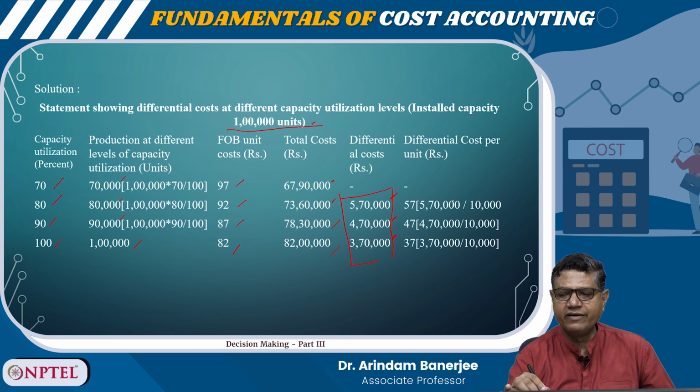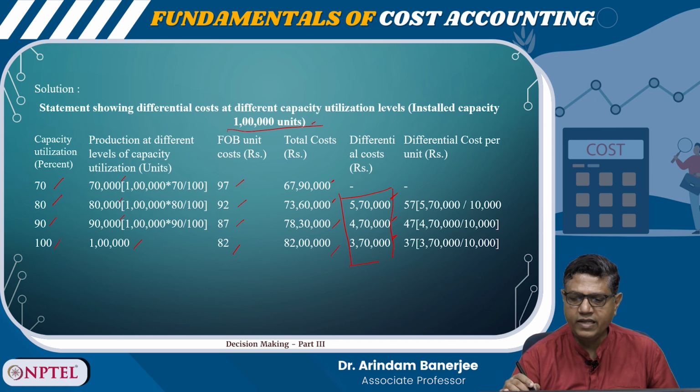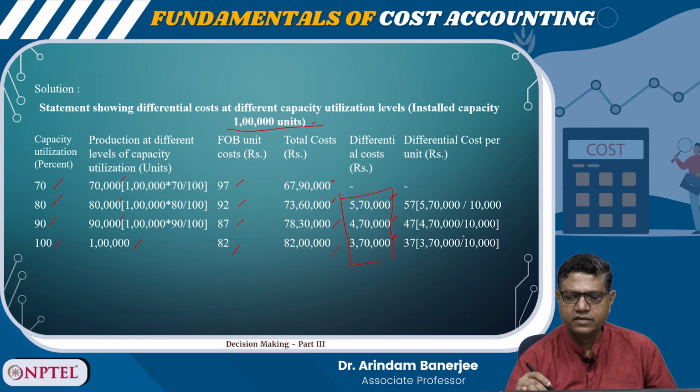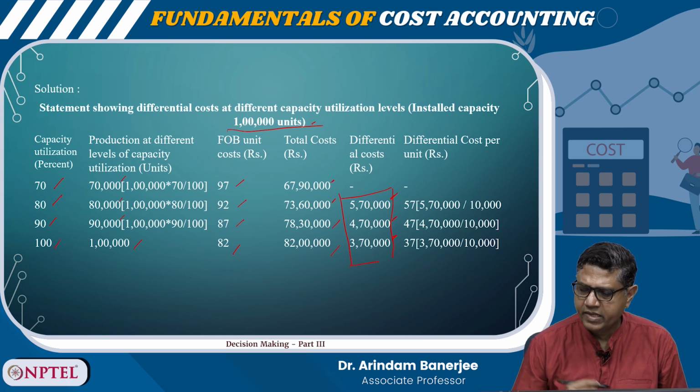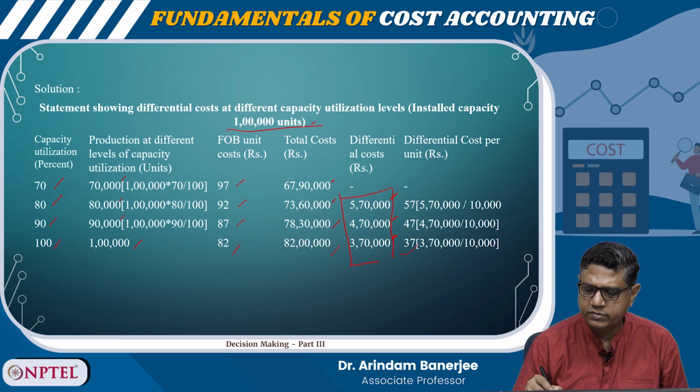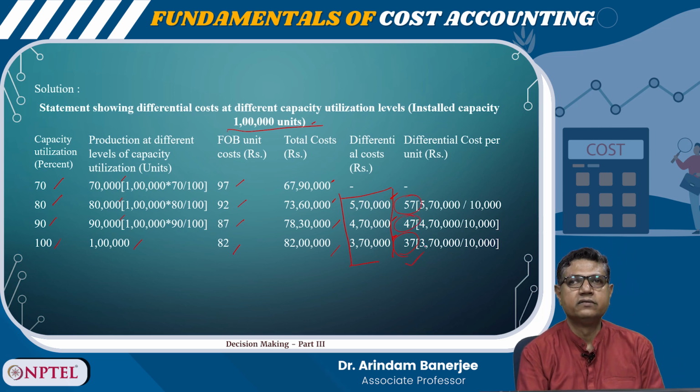So, 5 lakh 70 by 10,000 is 57, 4 lakh 70 divided by 10,000 is 47 and 3 lakh 70 divided by 10,000 is coming to 37. So, my differential cost, you see, it is 57 here, it is 47 here and it is 37 here, okay, right.